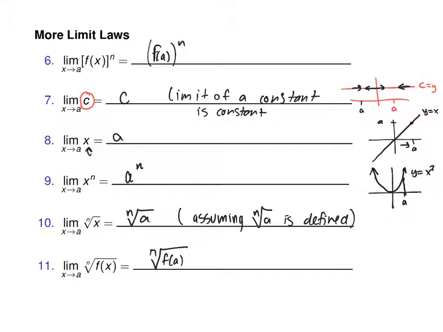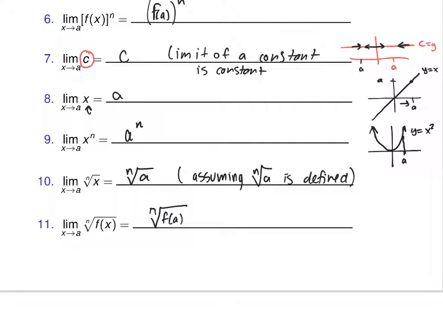But I think I actually did miss a property. So add a number 12, please. The one that I forgot is the limit as x goes to a of c times f of x. But didn't I, or maybe I had that in the previous thing. I had it above, never mind, I didn't miss it. That the constant can factor out.